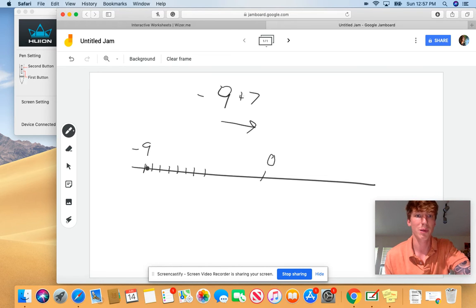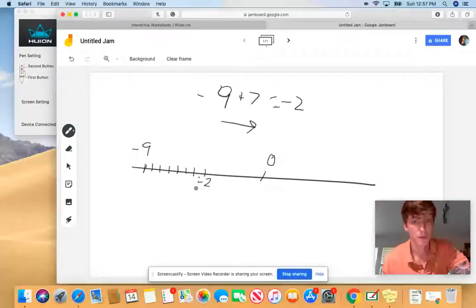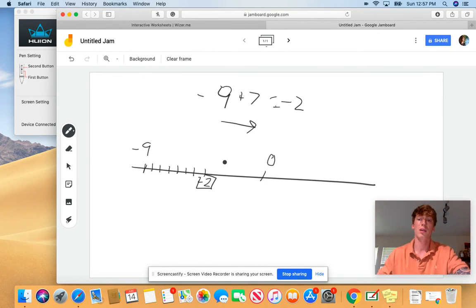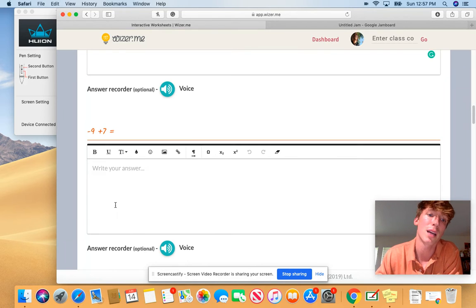So what happened was our negative number is going down, okay? So this would be negative 8. This would be negative 7, negative 6, negative 5, negative 4, negative 3, negative 2. So going back to our worksheet, we type in negative 2.